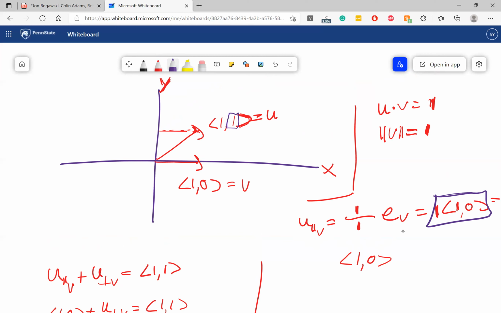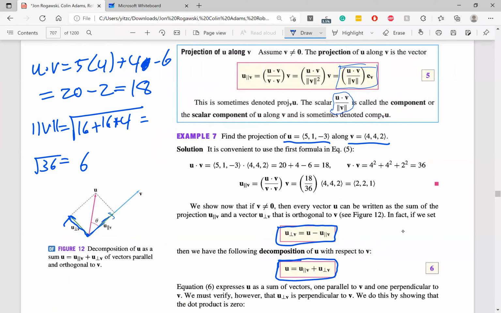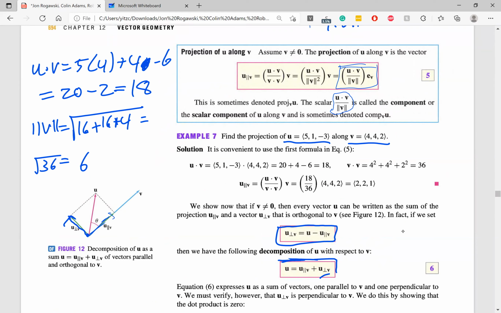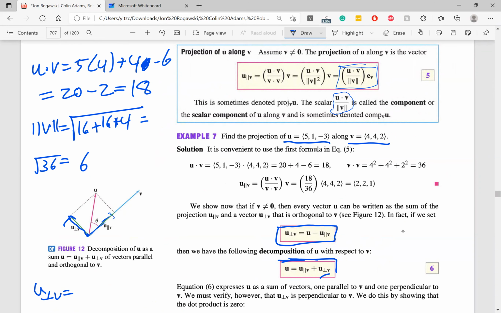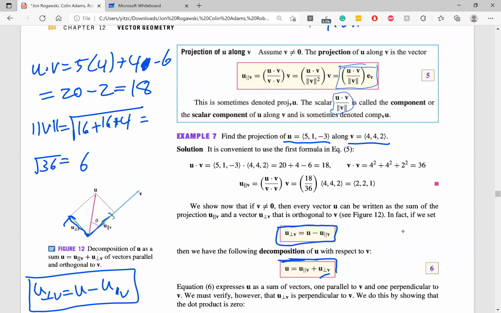I basically erased this 1 when I projected, and now I recover it. And that's this formula over here. So if you want to find the orthogonal vector, you just move the projection to the other side. So the orthogonal vector, very simply, is U minus the projection of U onto V. That's how you recover your orthogonal component.